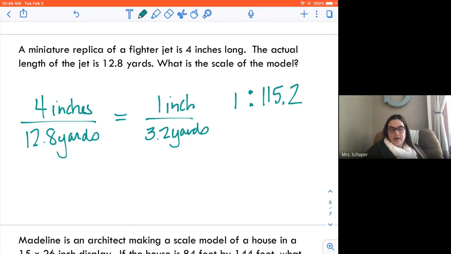That's going to be the scale. And it would work the same way if I did 12.8 times 12 times 3 and divided by 4. I'm going to get the exact same answer. So I simplified first and then went from there. This is the scale of the model, 1 to 115.2.